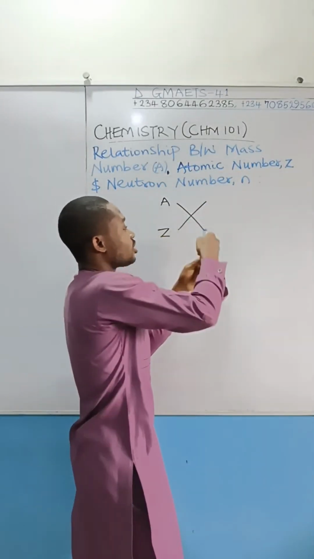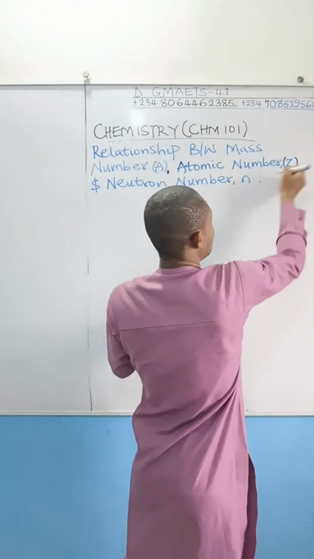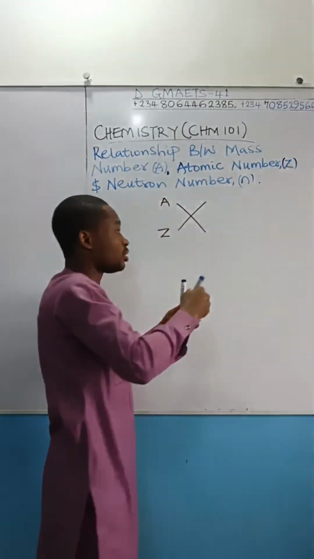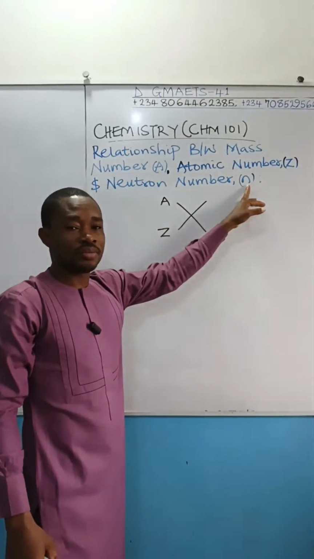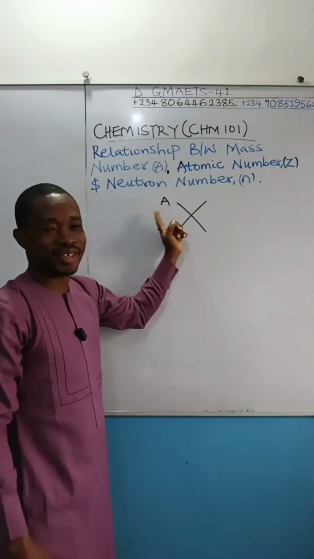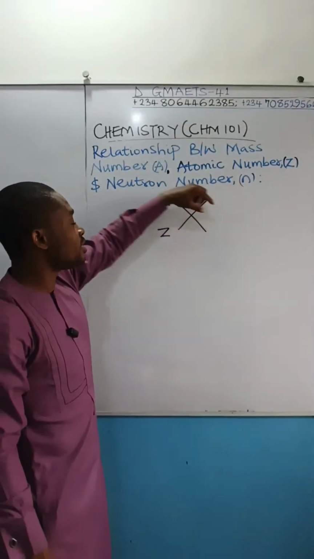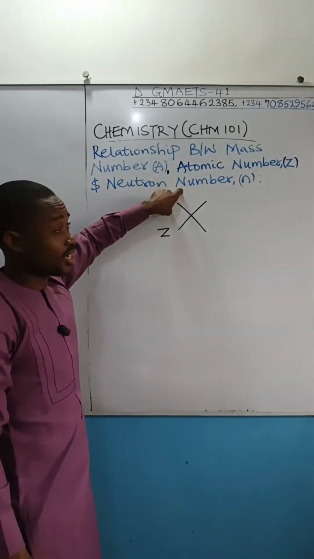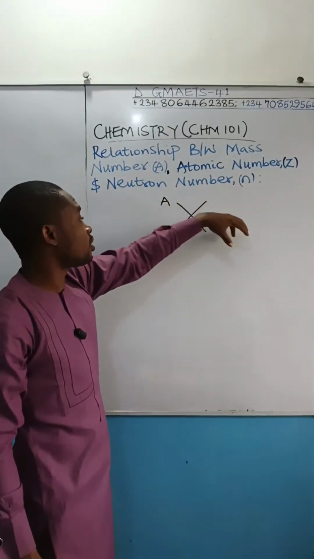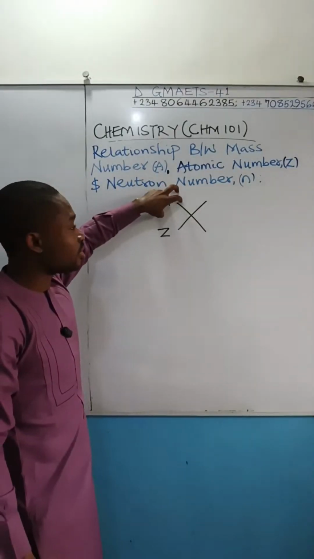And then, of course, our N is the neutron number. You are not seeing the neutron number here, but the neutron number is hidden inside the mass number, because like I told you, neutron number and proton number together will give you the mass number.